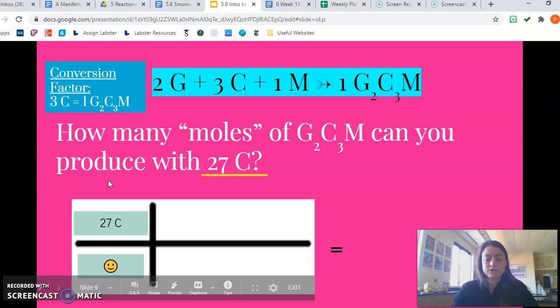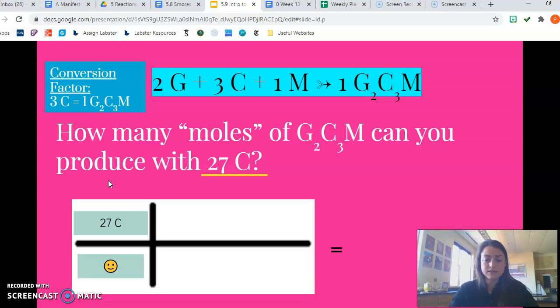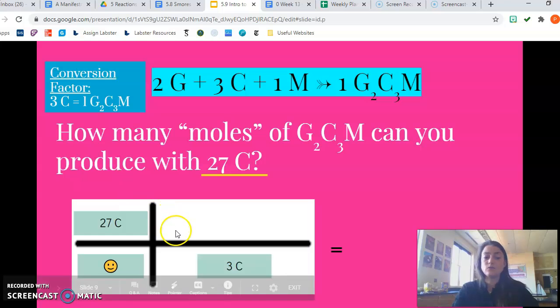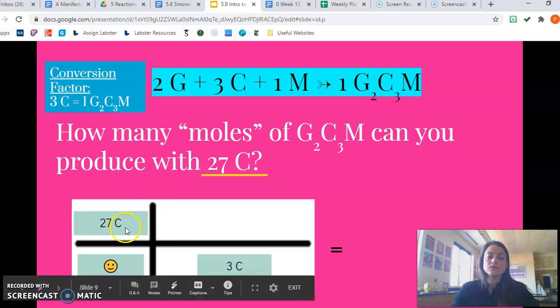Then our conversion factor is going to go in these middle 2 spots, and we're going to make sure to match the units of what we're given with whatever's on the bottom so that we can cancel those units out. Our chocolate is going to go on the bottom because we're trying to figure out s'mores, and so we need to cancel chocolate out. This is just our conversion factor from our upper left: 3 pieces of chocolate gives us 1 s'more. We're going to be able to cancel out our chocolates because that's just a unit.